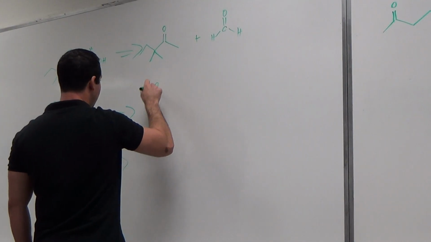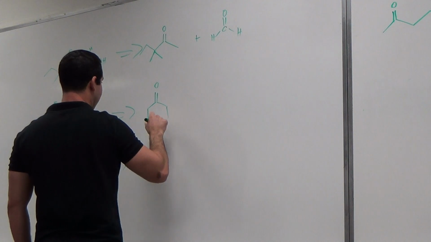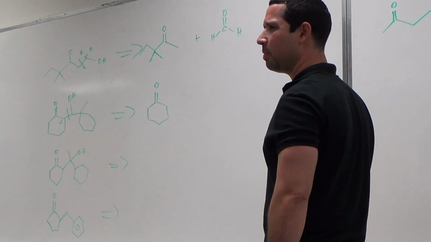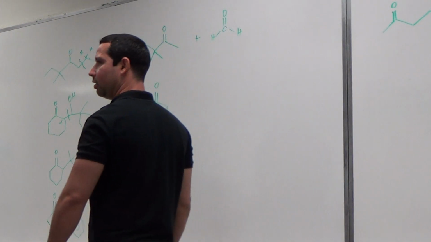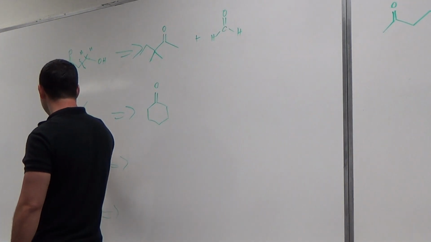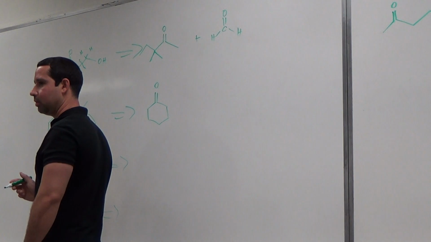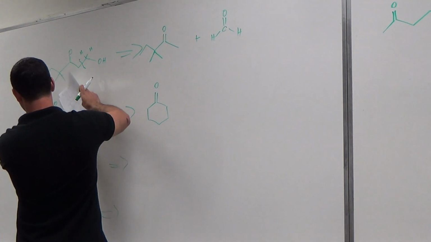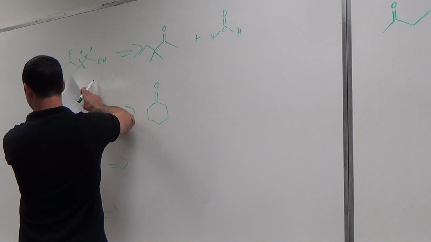If I break it there, I am going to get this. Yes or no? With a methyl. Where is the methyl group at? Explain this to me. Let me cover this for you. Do you see any methyl group here?